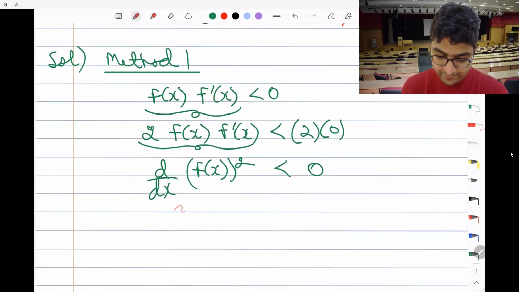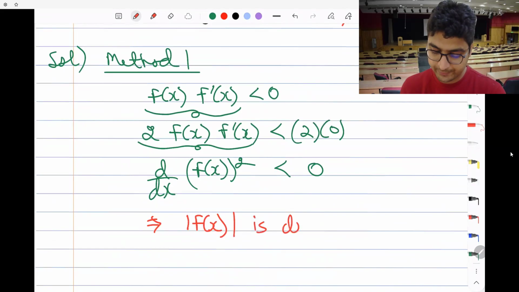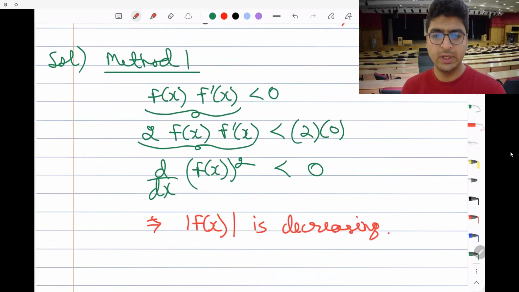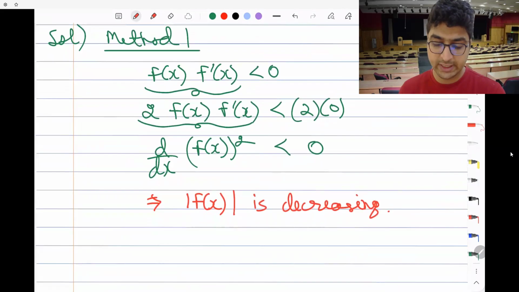And if that is the case, then this means mod of f(x) is decreasing.